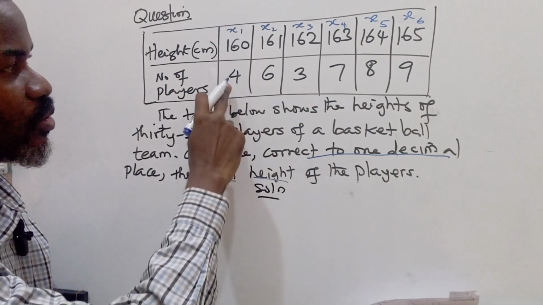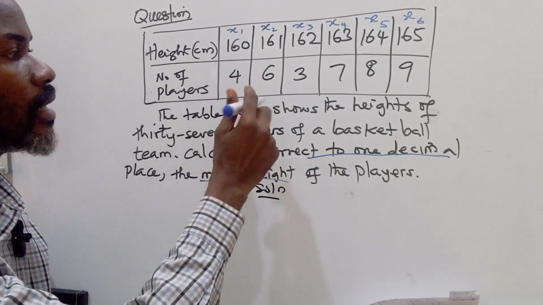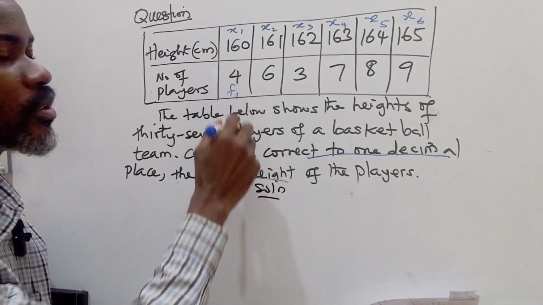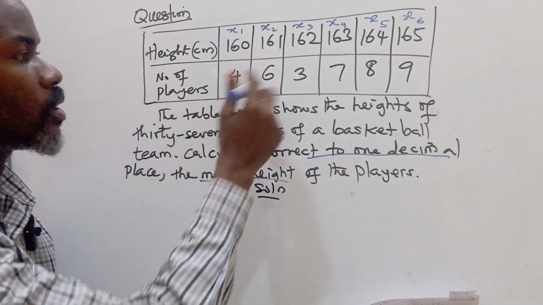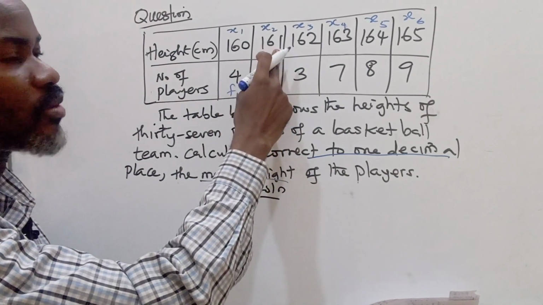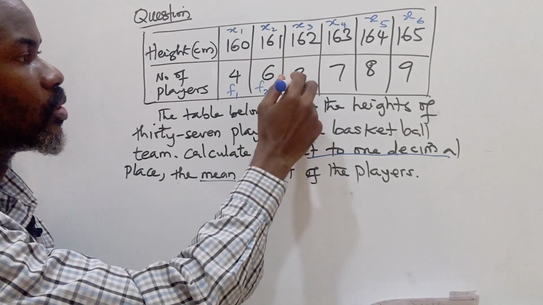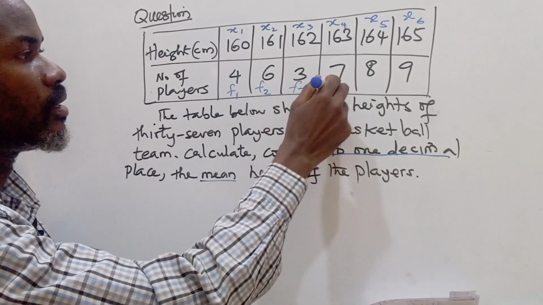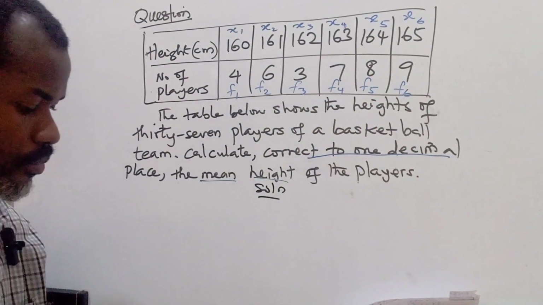And the number of players, so four persons have 160 centimeters. Let's call this F1 as the number of persons, that's called the frequency. So F2, the number of persons that have 161 centimeters, is 6 in number. So we have F3, F4, F5, and F6.